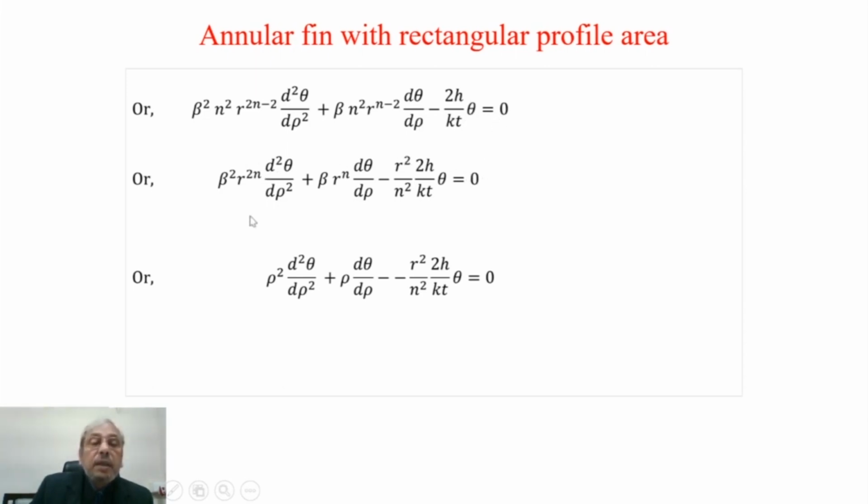We do some further rearrangement of the terms, and finally we get from here beta square r power twice n.